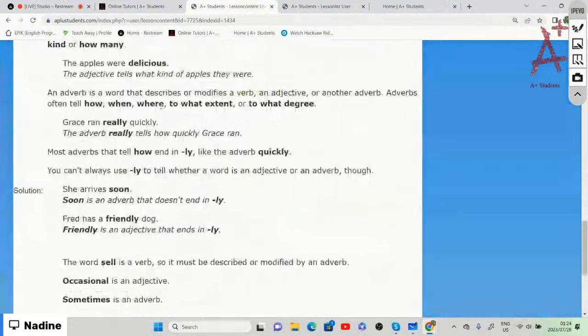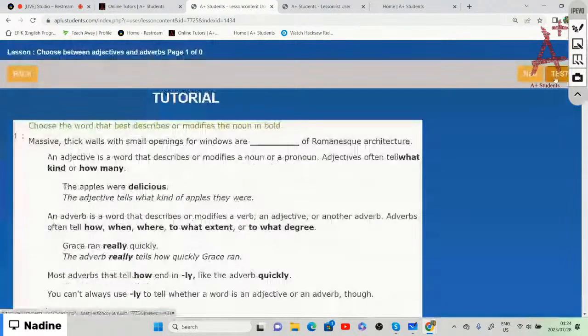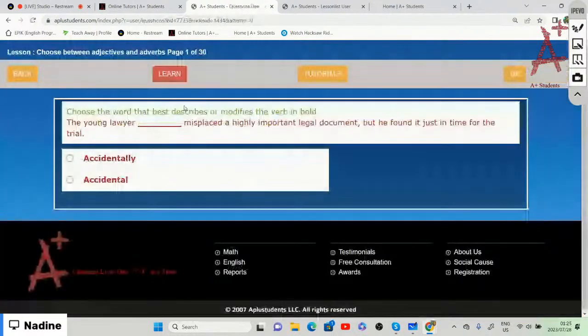All right, and we did that one already. Okay, now let's do the test. We need to choose the word that best describes the verb in bold. The young lawyer accidentally or accidental misplaced a highly important legal document, but he found it just in time for the trial.